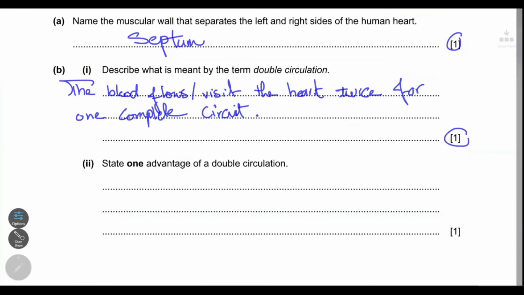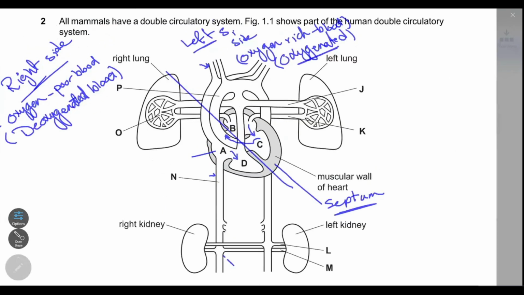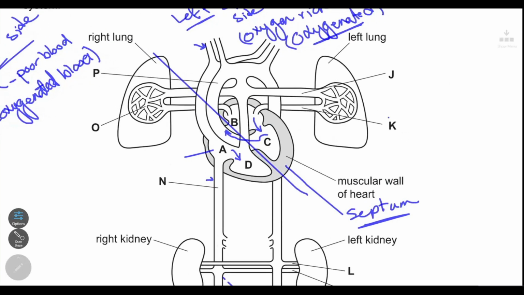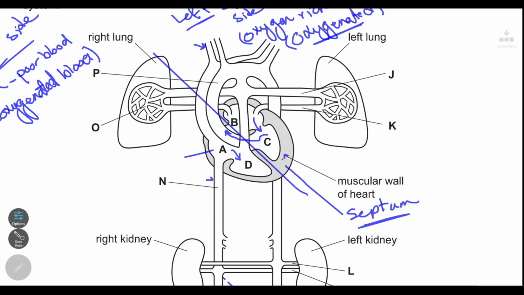State one advantage of the double circulation. Surely, one of the most important benefits is returning the blood from the lung to the heart to be pumped again by the muscular wall of the heart. Here is the left ventricle, which has a thicker wall in order to pump the blood all over the body, which is a larger distance.